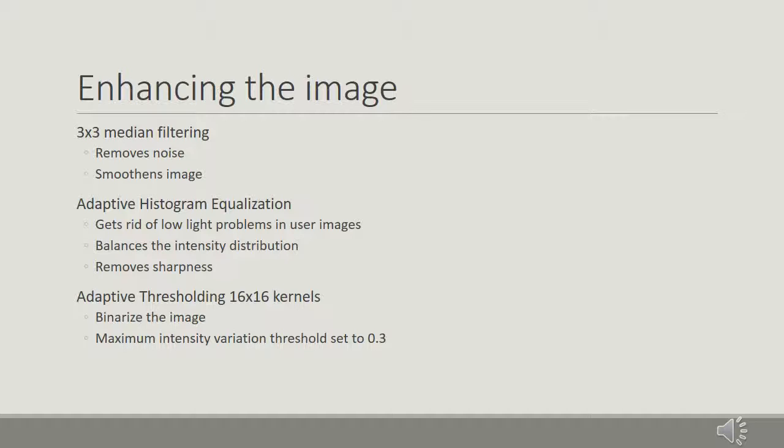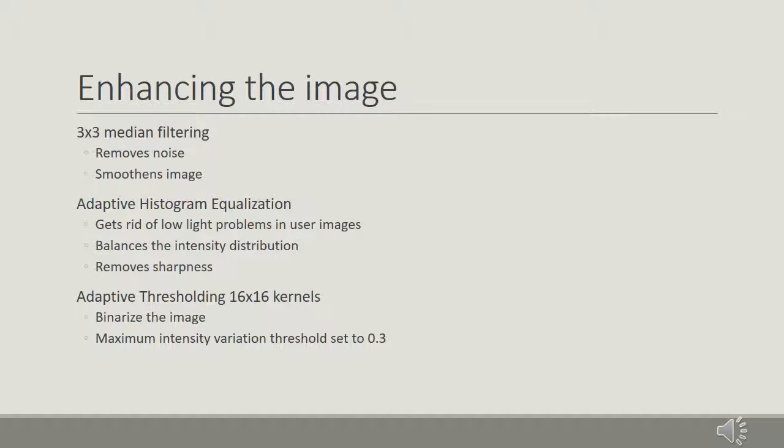Now, as I said earlier, there can be a lot of lighting problems in the image. When I talk about lighting problems, I mean some really bright or some really dark areas in the images which are difficult to read from. So in order to get rid of that, we need to balance out the histogram of the intensities. If we do the histogram equalization, it will remove all the sharpness and give proper lighting distribution across the whole image.